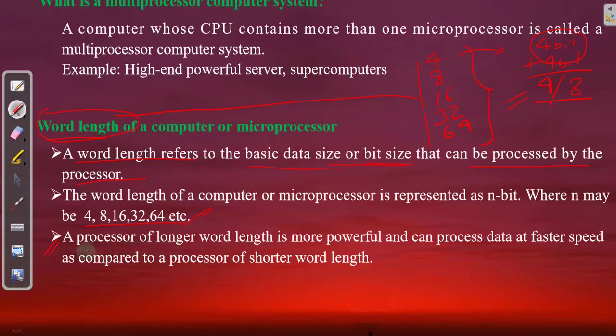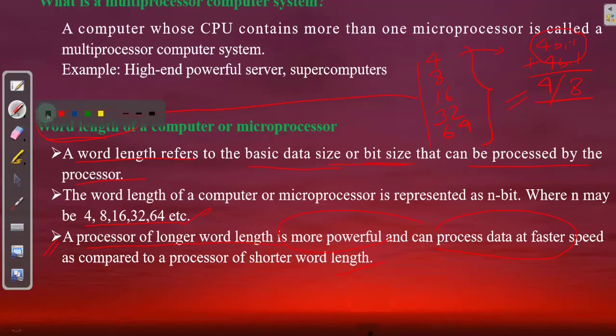Now this is a very important thing. Look very carefully. A processor of longer word length is more powerful and can process at a faster speed as compared to a processor of shorter word length. And this is pretty obvious also.